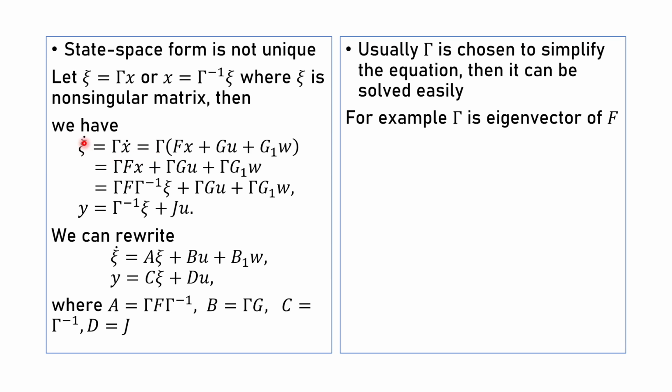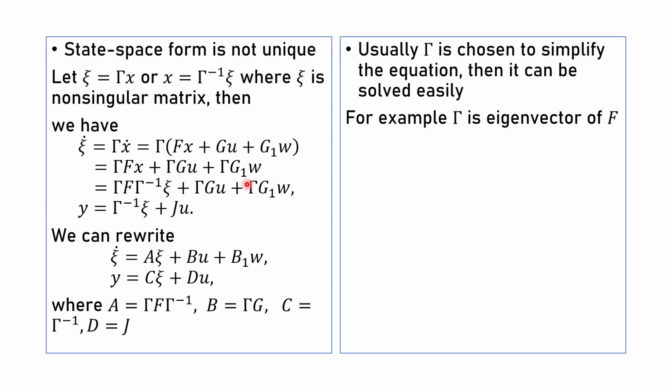Like for example here, if you use a linear transformation from state h to state psi by an invertible matrix gamma like this, and you substitute into the original equation, then you still have the form of psi dot equal to some constant matrix times psi, plus some constant matrix times control input u.